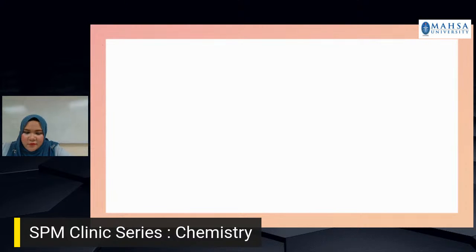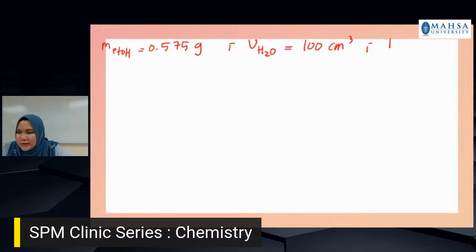So according to this information, mass of ethanol equal to 0.575 gram. Volume of H2O equal to 100 centimeter cube, and T initial equal to 28 degrees Celsius, and T final equal to 62 degrees Celsius.